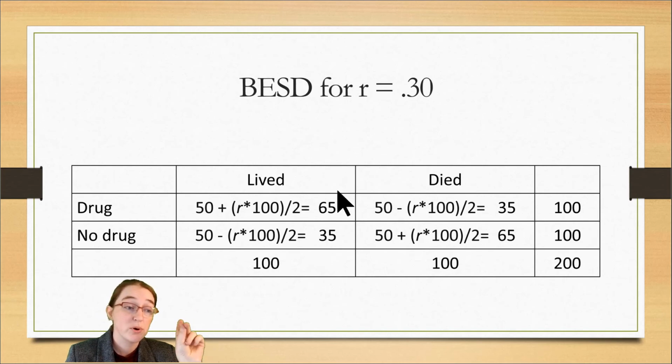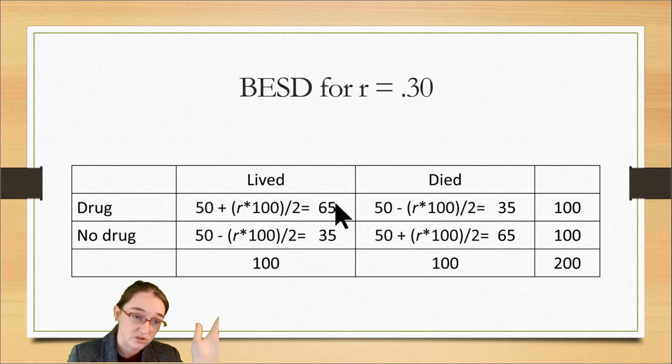And so a correlation of 0.3 shifts your finding from, so 30 people died who took this drug, while 65 people lived.